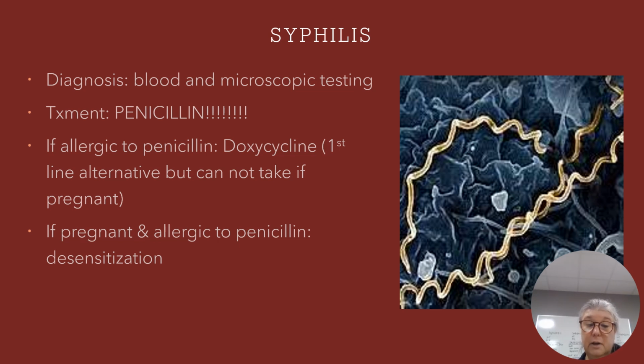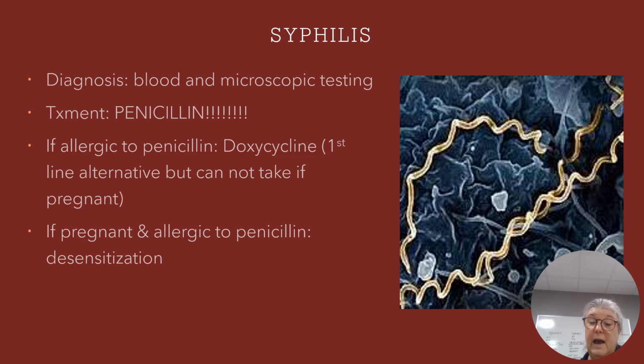All right, treatment, penicillin. Now, a lot of people are allergic to penicillin, right? So if you're allergic to penicillin, we're going to use doxycycline. That's our first line alternative. Now the problem is you cannot take doxy if you're pregnant. So one of the weirdo things that they do is called desensitization.